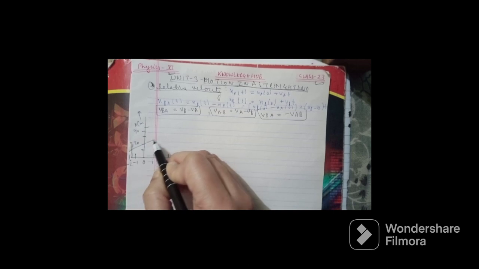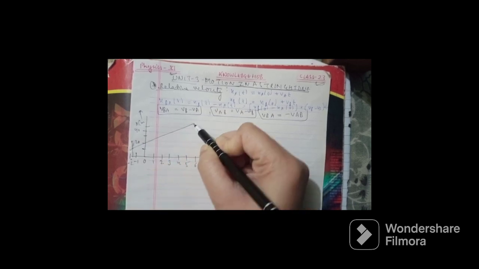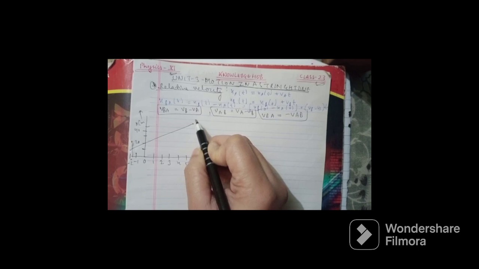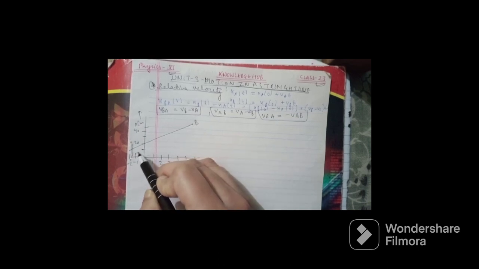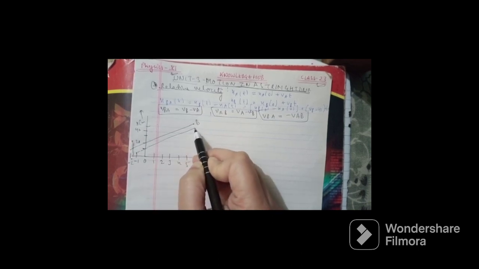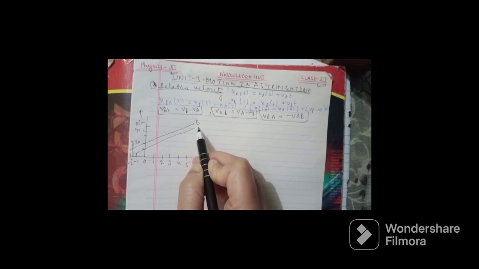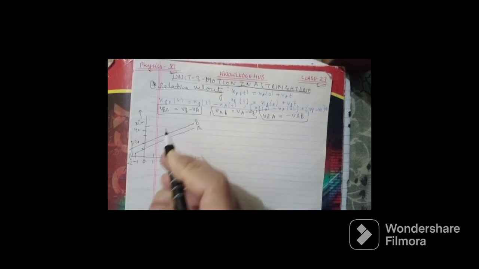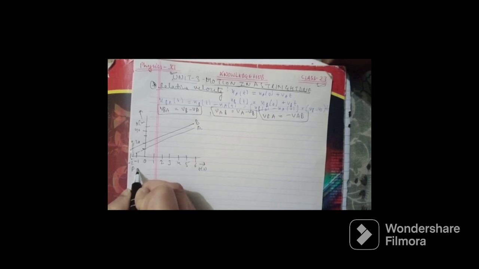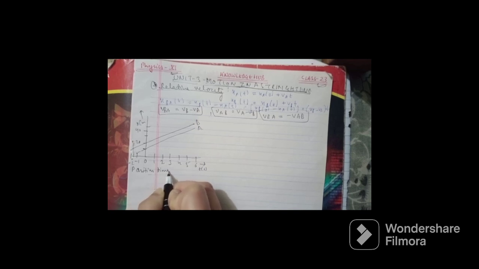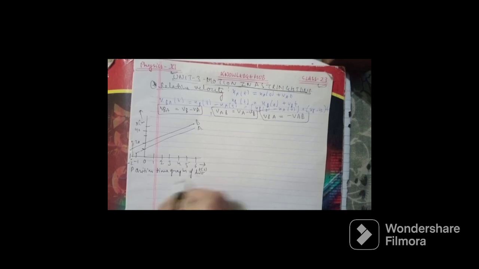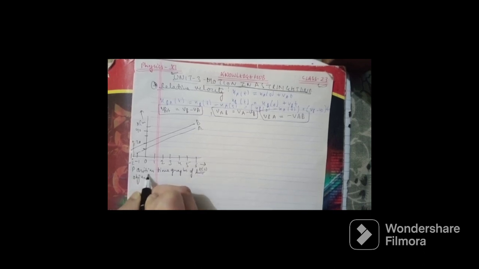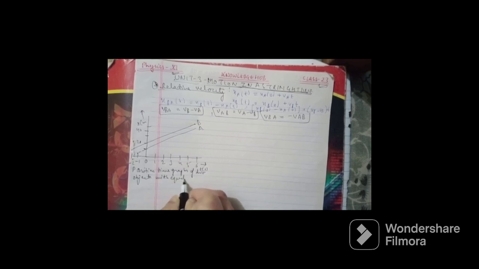Here it will go for B, and from here this is for A. They are parallel. This is the position-time graph of two objects with equal velocities.